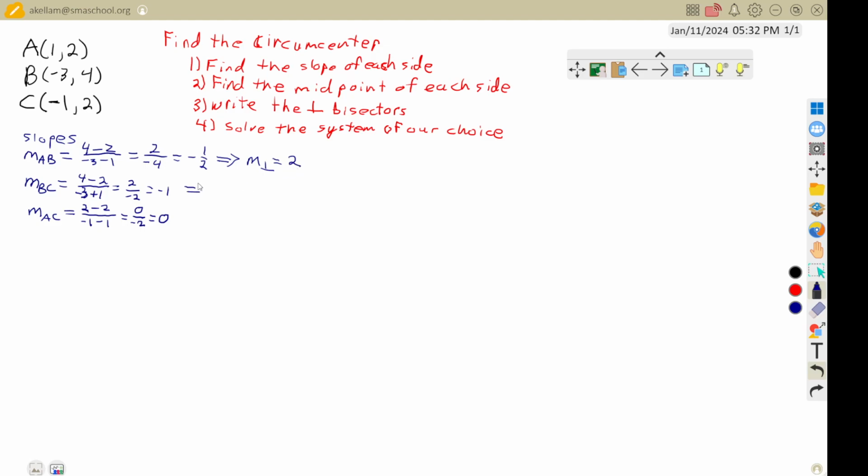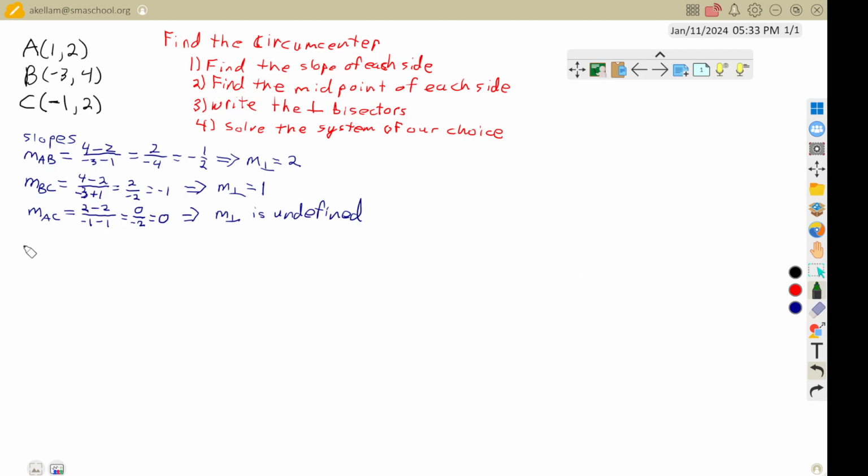The opposite reciprocal of -1 is positive 1. And the opposite reciprocal of 0 basically tells me that this slope is undefined. Okay, so that's the first thing that we need. We need all those slopes.